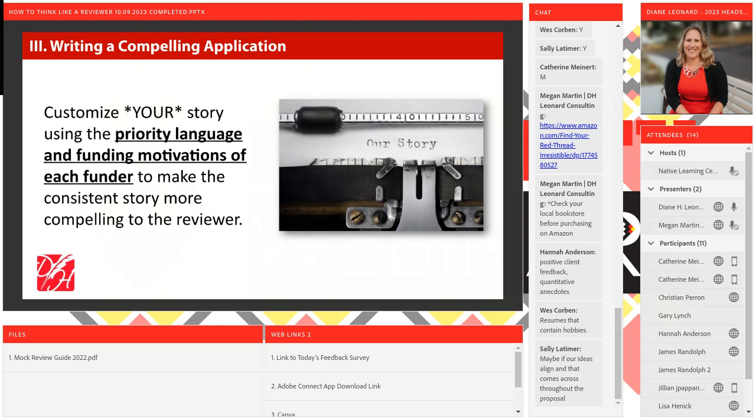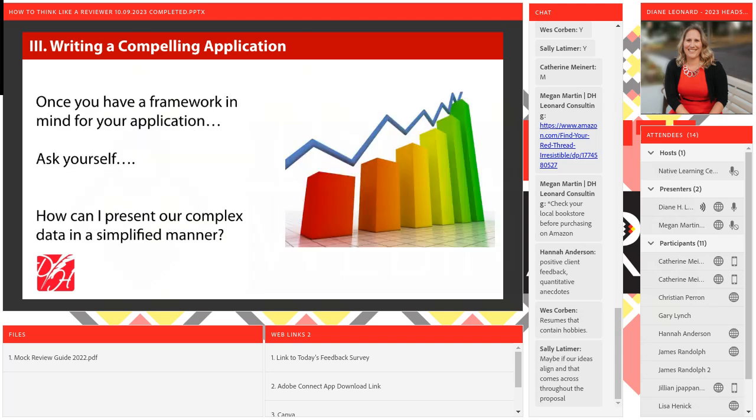As we're thinking about your story, I want you to remember that your application is the opportunity to take very complex work. That's right. Each of you, your organizations are doing really complex work that is new and different and distinct to a reviewer. They are definitely not the expert in your work.